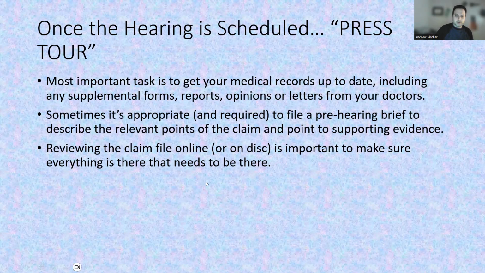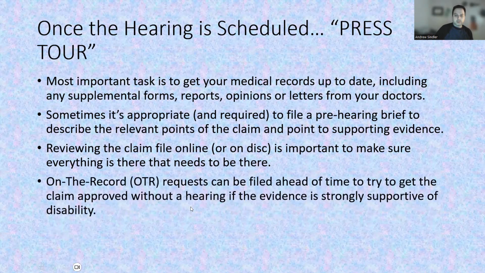Another thing too to be aware of is if you feel like you have strongly supportive evidence of disability, you can file what's known as an on the record or OTR request, which is very similar to a pre-hearing brief, but it's basically just pointing out and arguing why there's no other way this case can come out, that it has to be an approval.